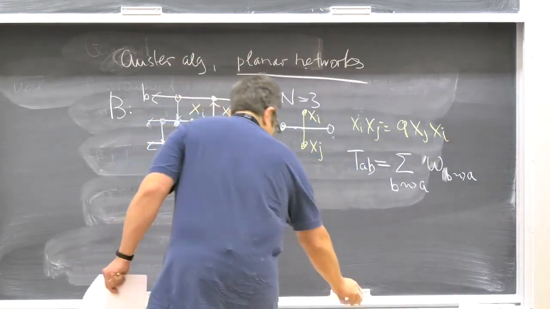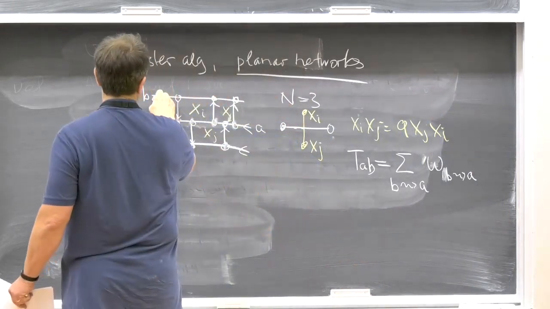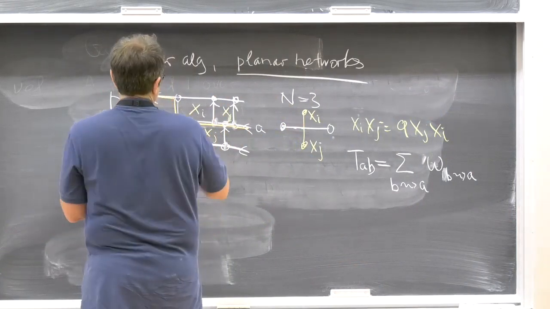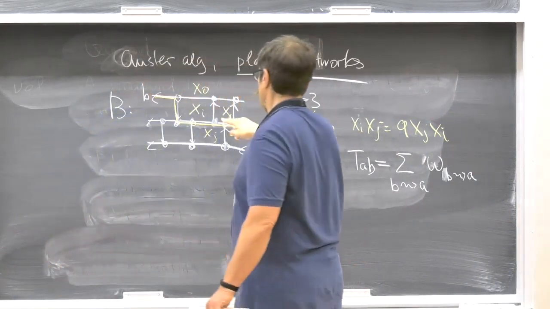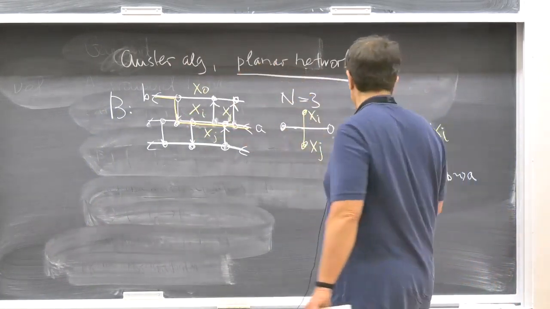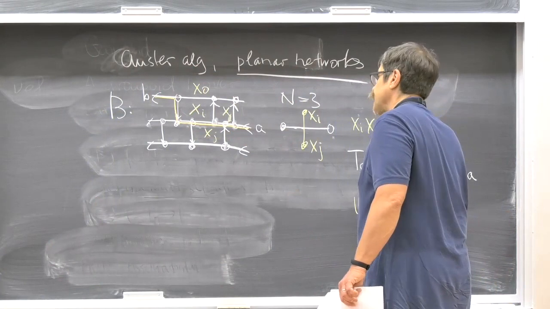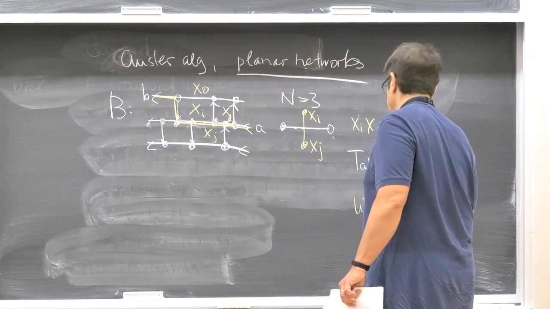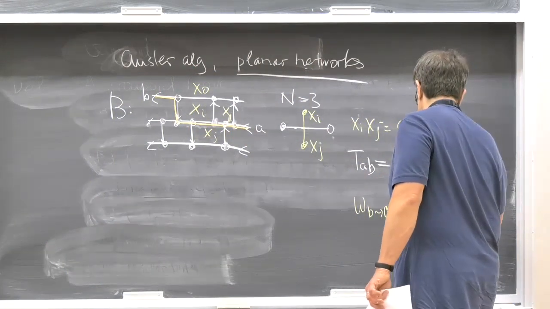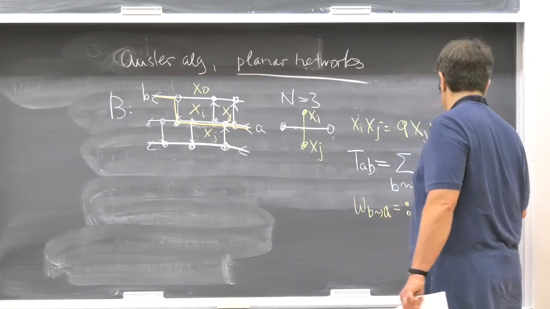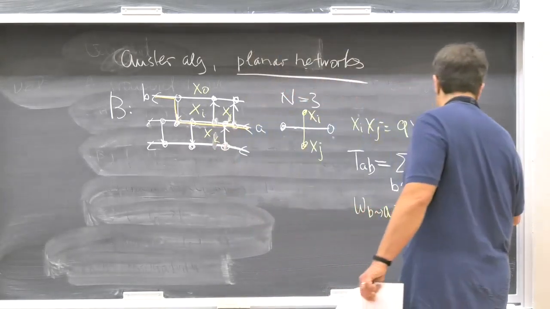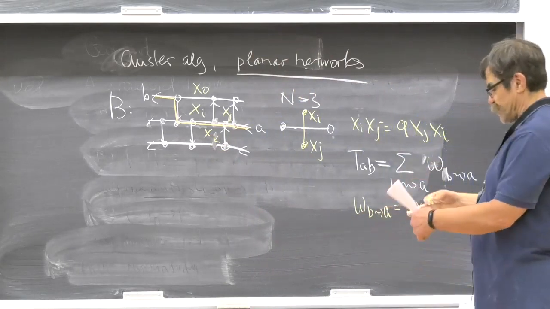For instance, if I have this path, I associate with it the product of all variables on the cells above this path. So this omega B to A in this case will be just some ordered product of these variables. And we have a sum over all these paths.